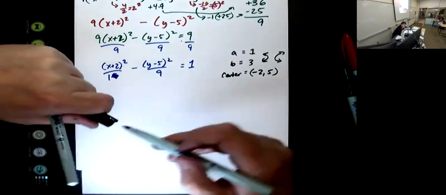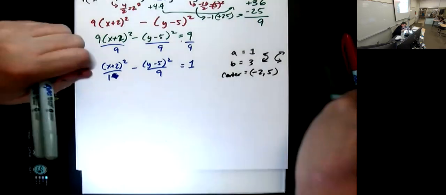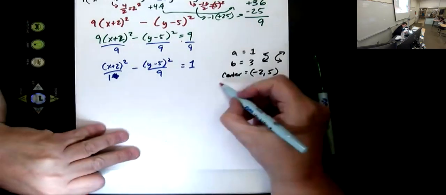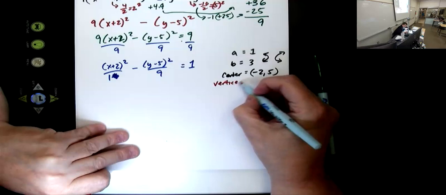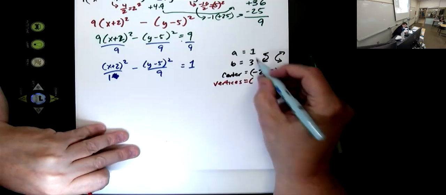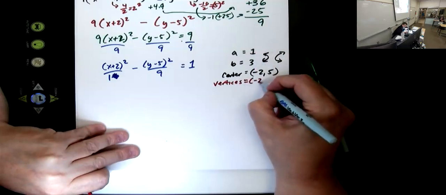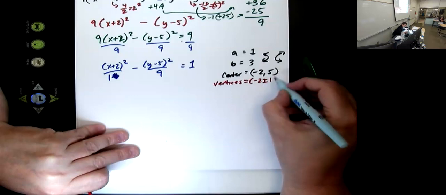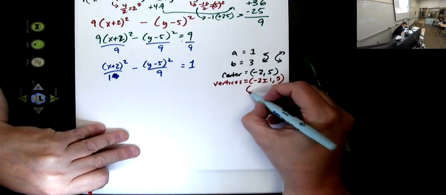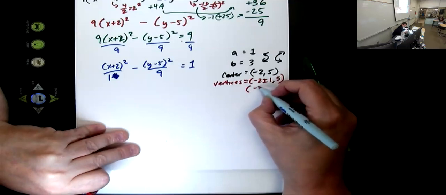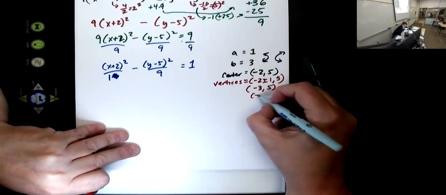With that, before I even graph it, I can tell right away where my vertices are. Since we're doing left and right, we add a to the x part. -2 plus or minus 1, 5. So we've got -3, 5 and -1, 5.